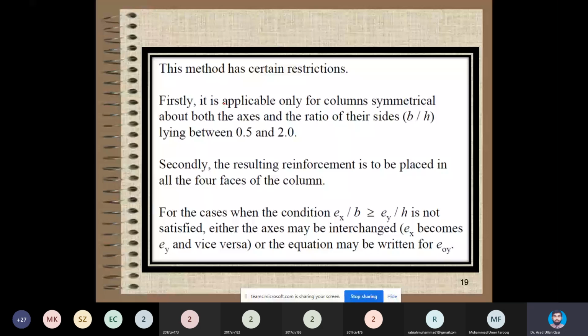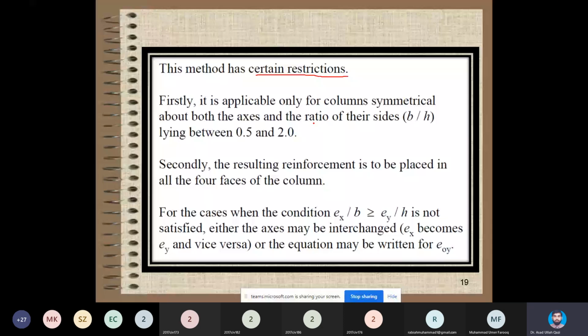However, there are certain restrictions here which must be kept in mind. The first one is that this equivalent uniaxial eccentricity method is applicable for columns with square geometry, preferably.